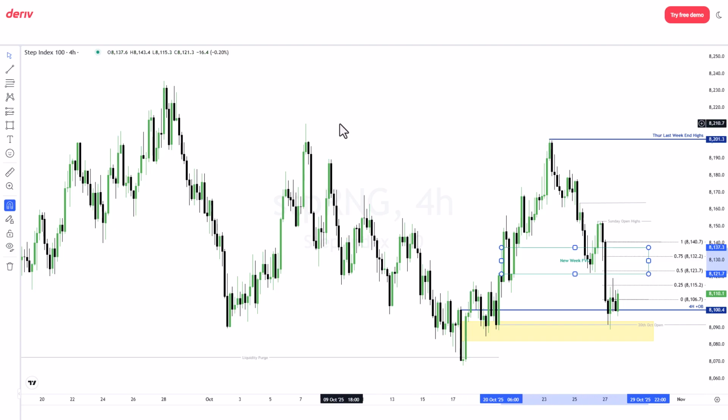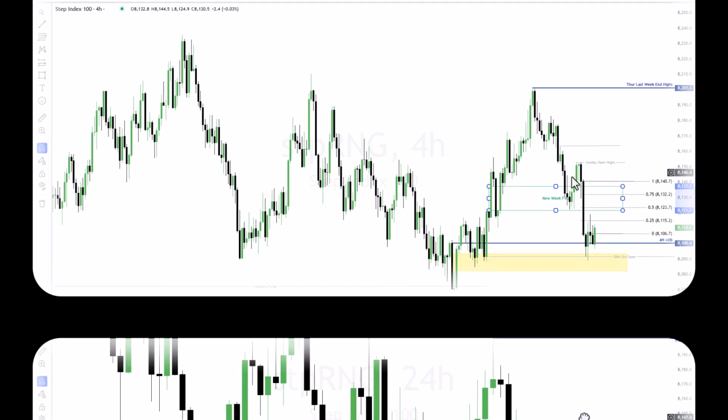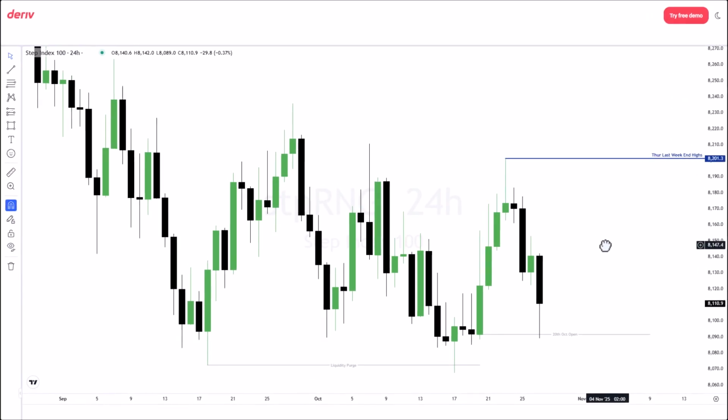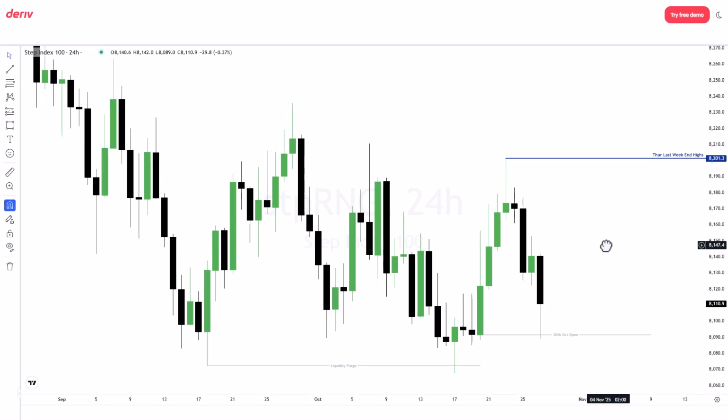This is based on the daily time frame, but this one is based on the 4-hour time frame. So let's hop into the daily time frame so that I can show you the main trading idea for this trade. Okay, so this is what it looks like on the daily time frame.